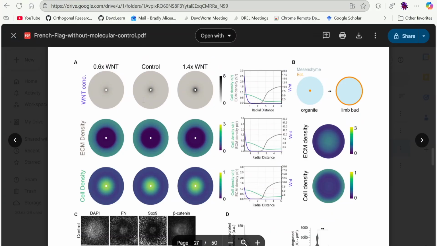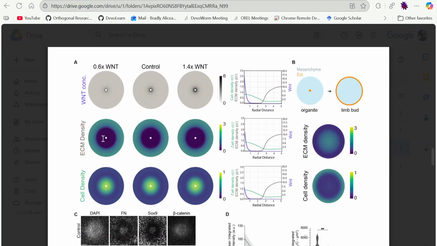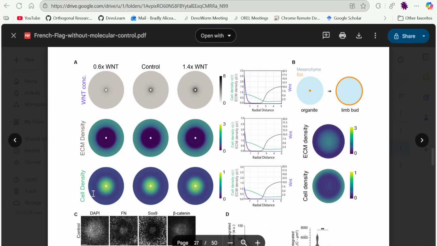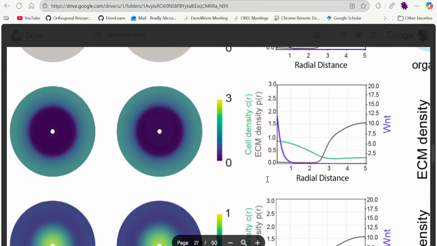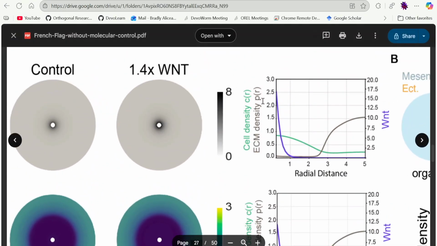This is showing Wnt concentration, extracellular matrix density, and cell density. And these are showing the radial distance and this cell density and ECM density, comparing the two. So with Wnt concentrations, the cell density is this aqua line here, ECM density is this gray line, and Wnt is this purple line.